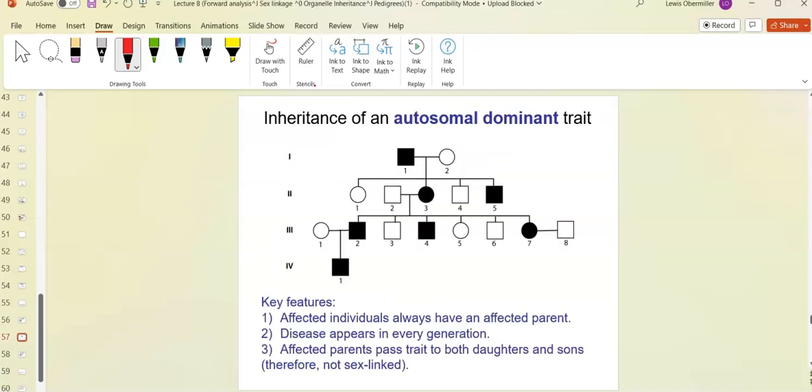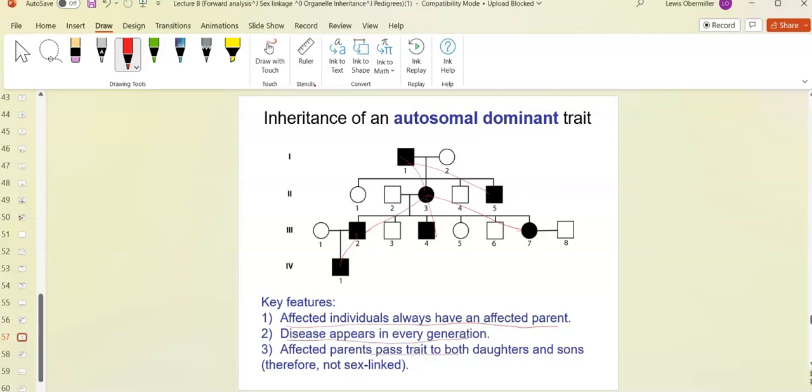All right, so then we have autosomal dominant traits. Features of autosomal dominant traits are that affected individuals always have an affected parent, right? This is passed on generation to generation. Disease appears in every generation. We just talked about that.